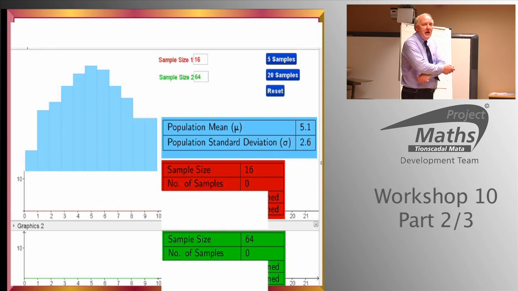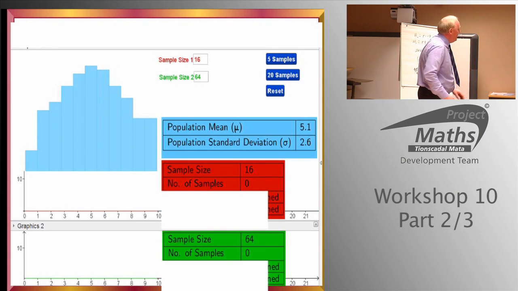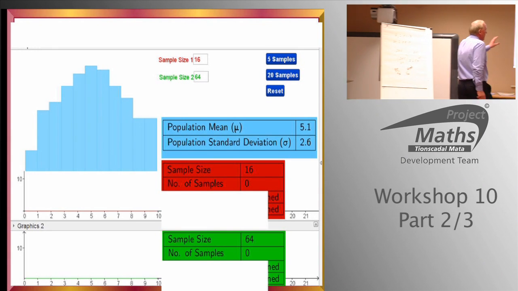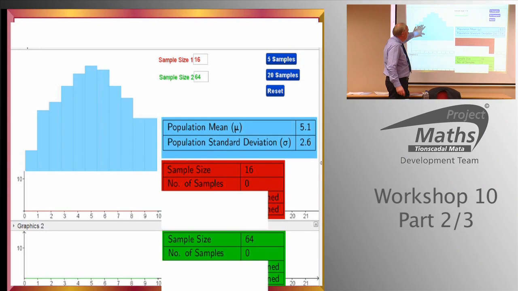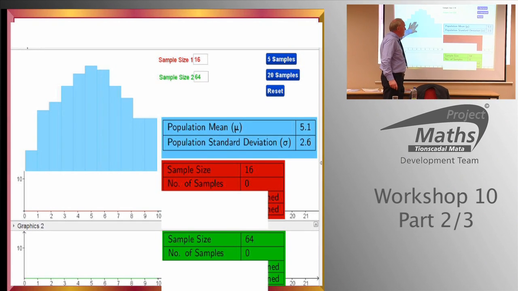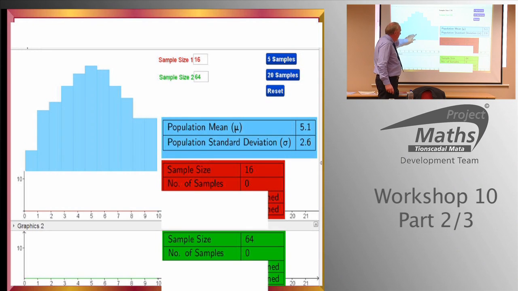Now, we'll look at these here, and we have about 5 minutes. I have 3 things coming up. So there's your population distribution. I'm going to bring in samples of size 16 and 64. You might say 16 is small, but I want nice numbers, because I can get the square root of 16 and the square root of 64.